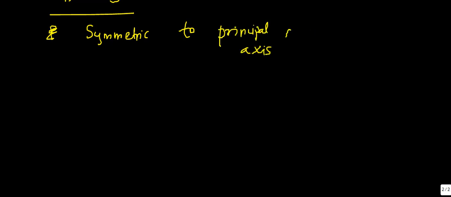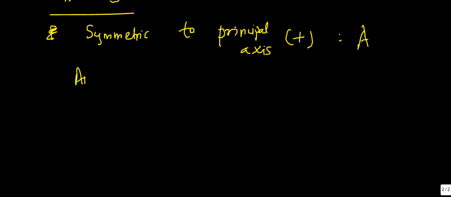In many axial point groups, if it is symmetric to the principal axis, that is positive, then it is A, the dimension is 1.